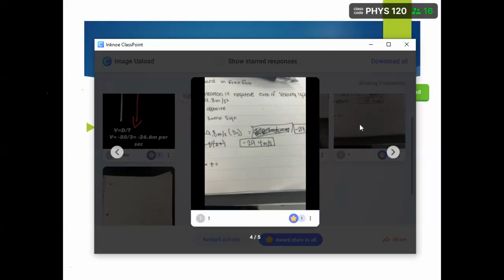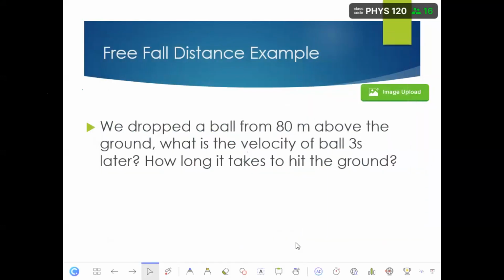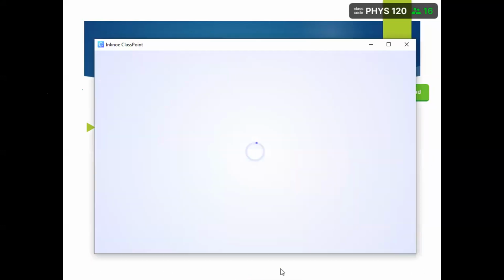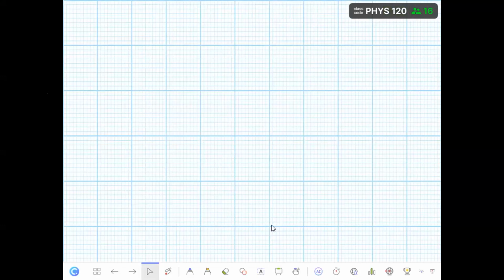So, good. Let me just show you how we can analyze this problem. Let me just open a page. So what was the question? We have a ball. It is 80 meters above the ground. I just draw the ground. You always need to draw the situation. And there is a ball above the ground.